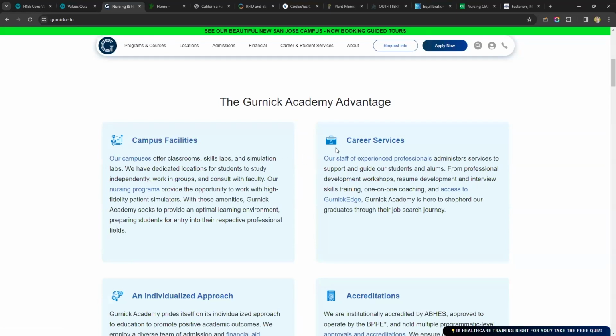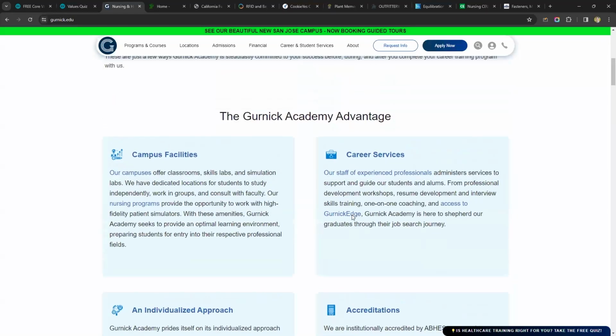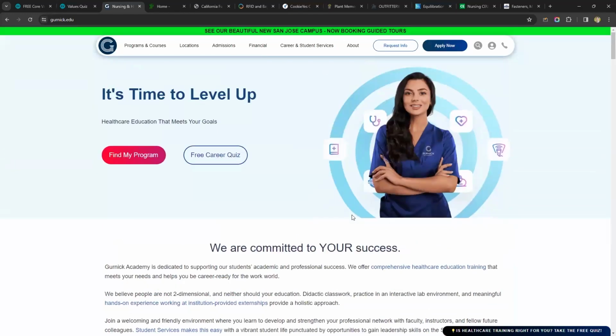Explore campus facilities, learn about career services, and for individualized approach, how about you deserve an individualized approach, all right? Benefit from our accreditations. I think I've kind of beat this into the ground here, but the point being, making this all about them.